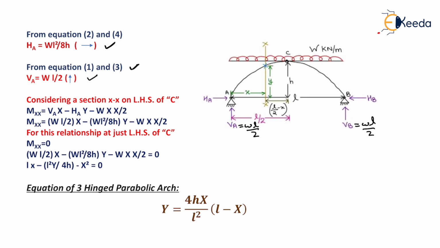Now for finding the equation of parabolic arch, we need to consider a section XX on the left hand side of C, as shown by the yellow line.